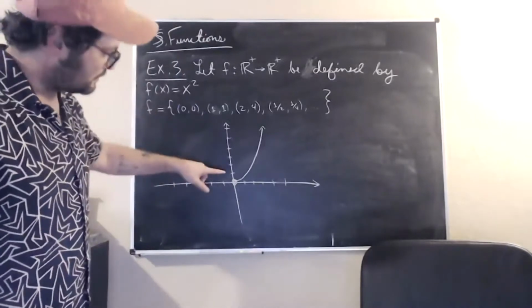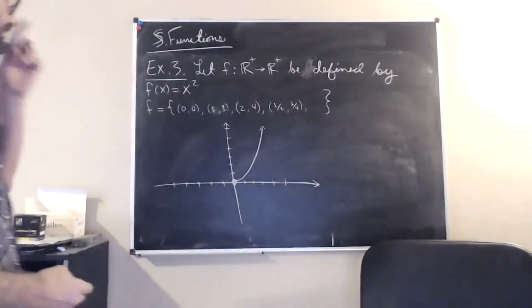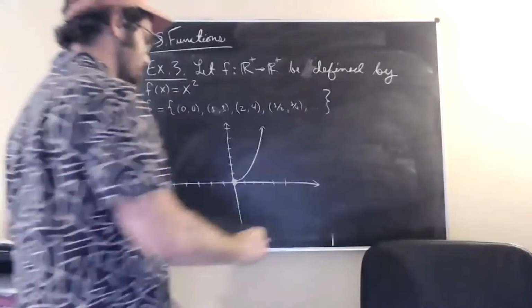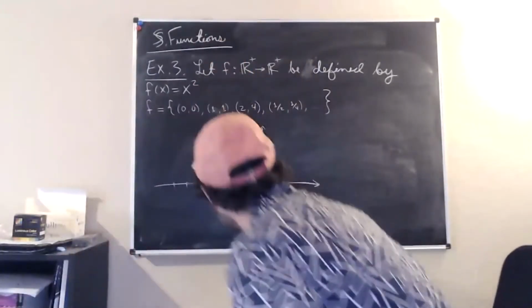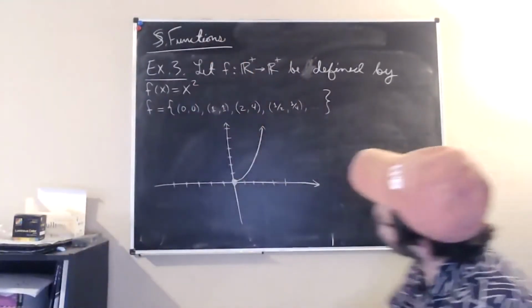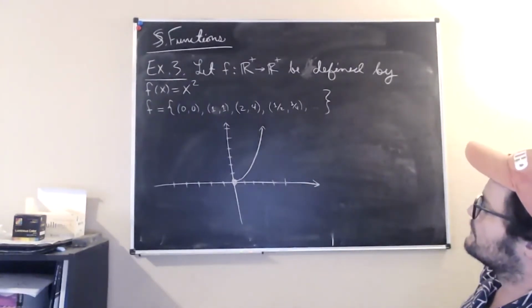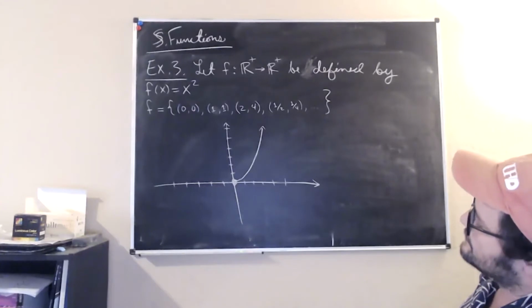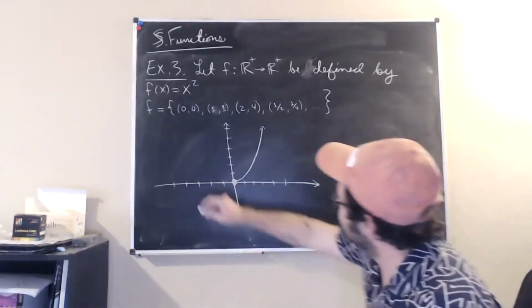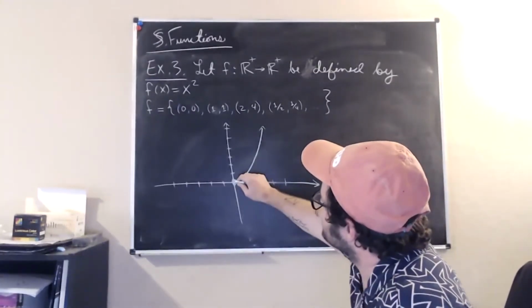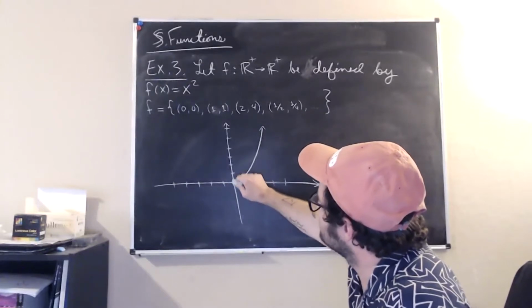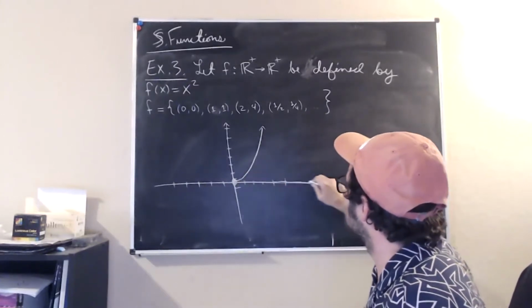We plot all those, we get this curve, right? Okay, so our domain is going to be all of that, right?